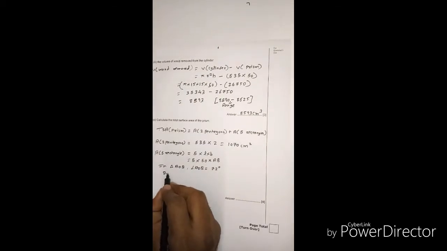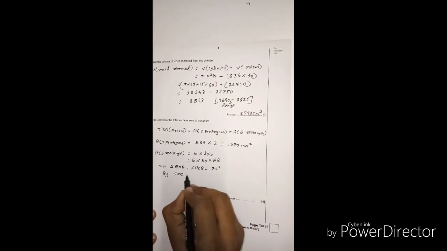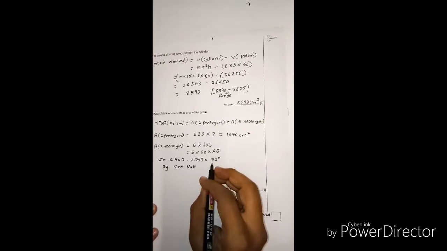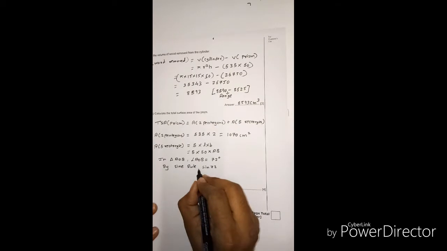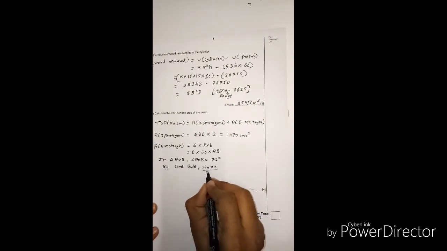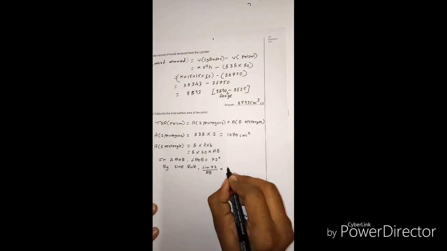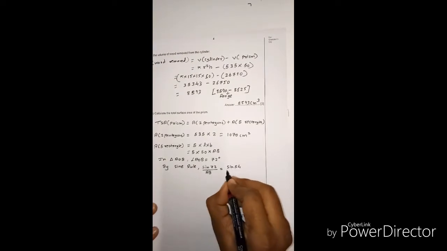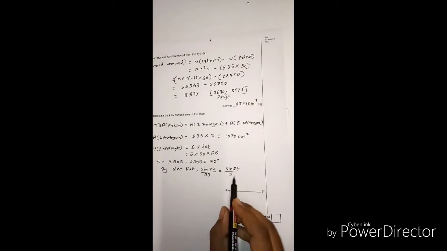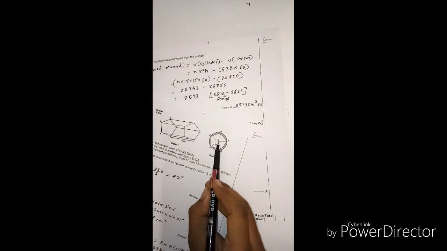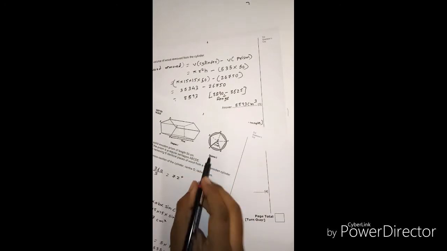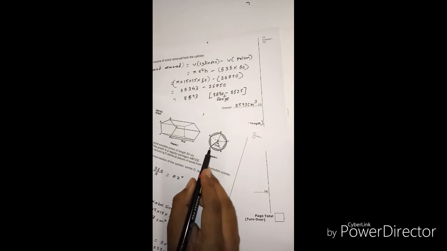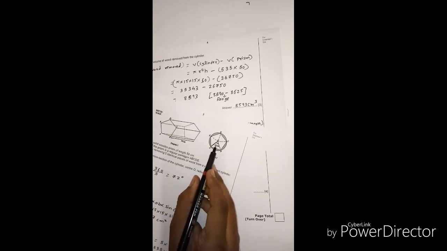By sine rule, sine 72 upon AB is equal to sine 54 upon 15. Now, from where did I get this 54? I know that this angle is 72, and this is an isosceles triangle, that means angle A is equal to angle B. So this will become 54 and this will also become 54.